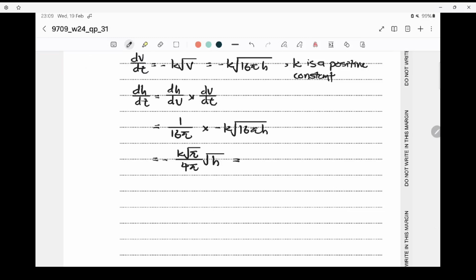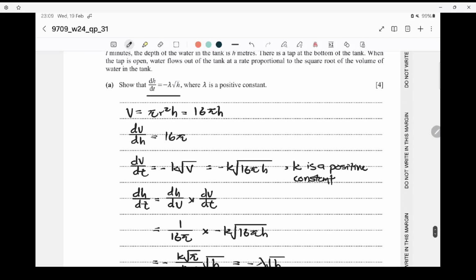So this is minus lambda square root of h, because everything on this part is positive, where lambda equals k square root of pi divided by 4 pi, a positive constant. So that's how you show that particular equation.